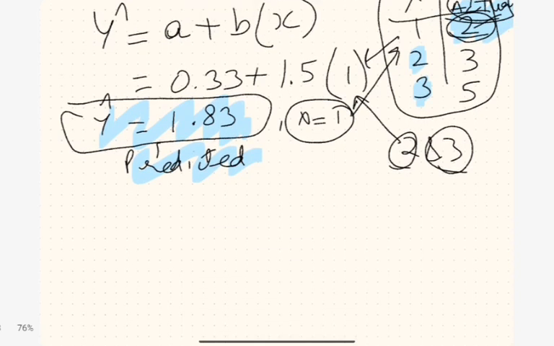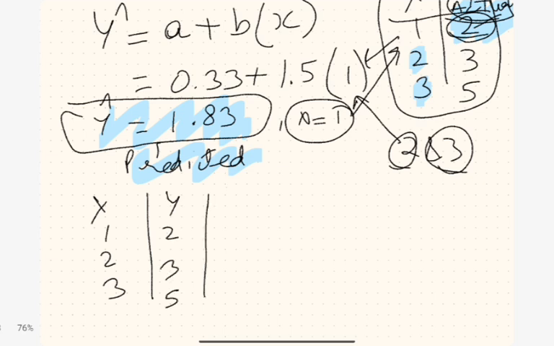Once you have that, you can draw a table like this. You see 1, 2, 3. The actual value of y, which is the observed value, is 2, 3, 5. The predicted value is 1.83, 3.33 and 4.83.